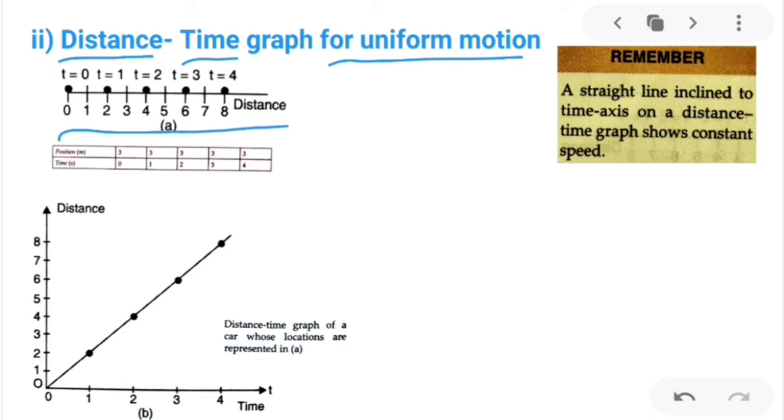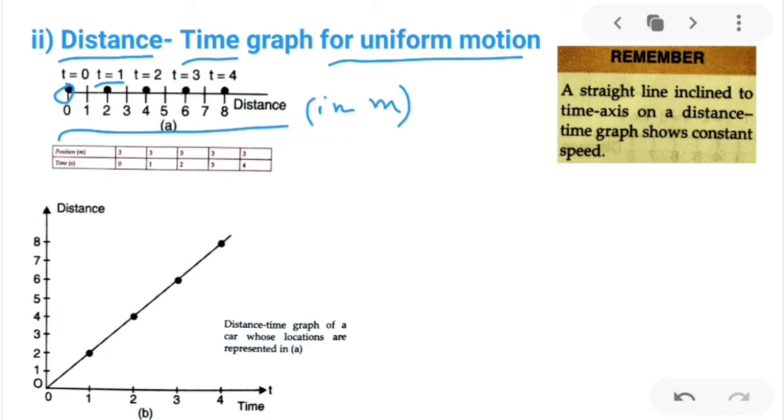When time is 0, the object is at rest. After the passing of 1 second, the person is at, suppose, 2 meters. The distances are in meters here.